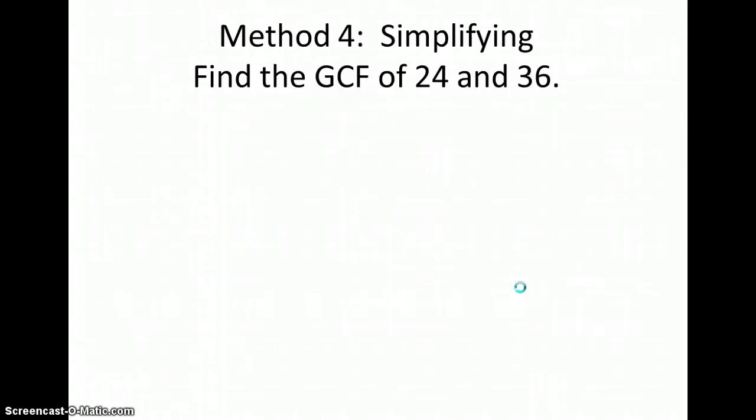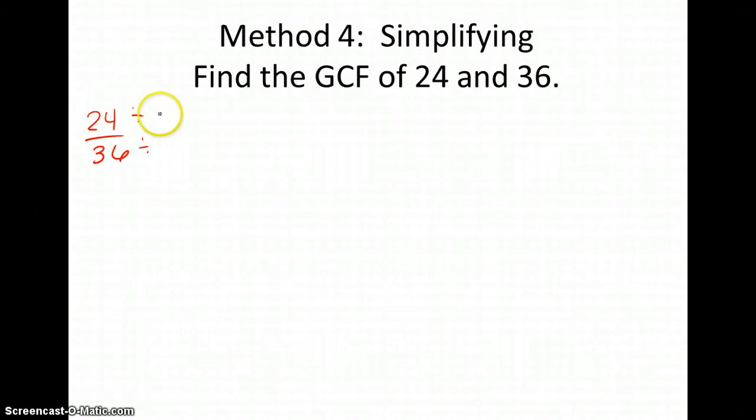The fourth method, which we did not discuss at great length, is simplifying. If I wanted to find the greatest common factor of 24 and 36, I could create a ratio and then simplify that ratio.